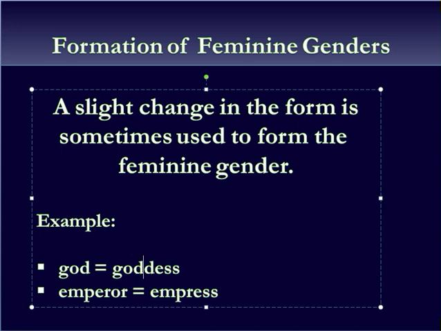Okay, so not only have we added ESS at the end, but we have also made a slight change. Here the last letter D is doubled, and in emperor we have removed OR and instead we have added ESS to it. So sometimes small changes in the spelling are needed.